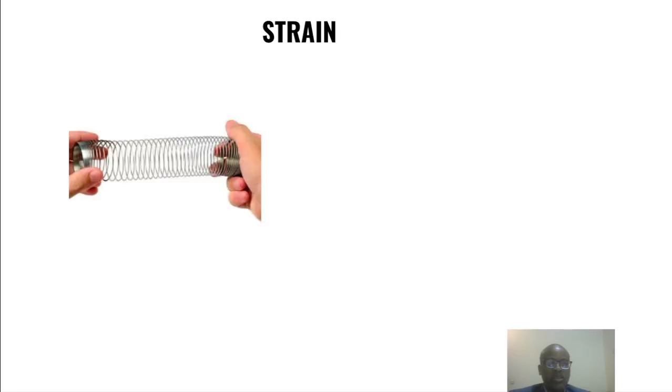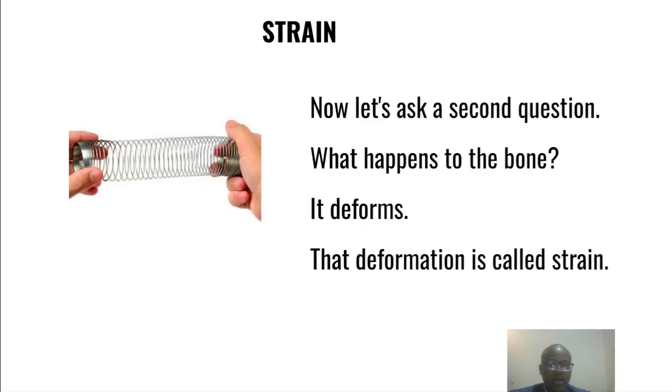So now let's see the second important idea that doctors and engineers consider when they analyze bone fracture, when they analyze failure of material. And that idea is called the strain. Before we talk about this, I've got to ask you a question.